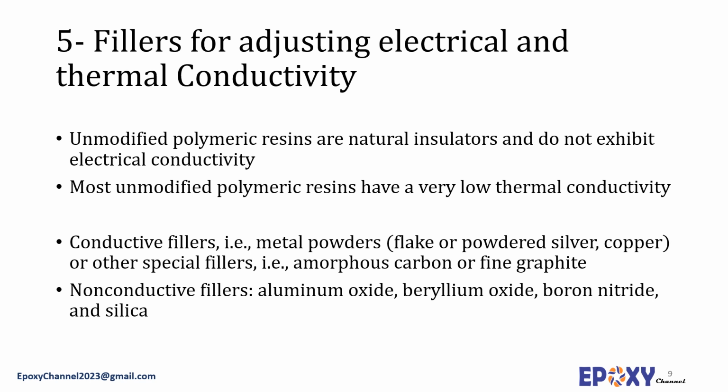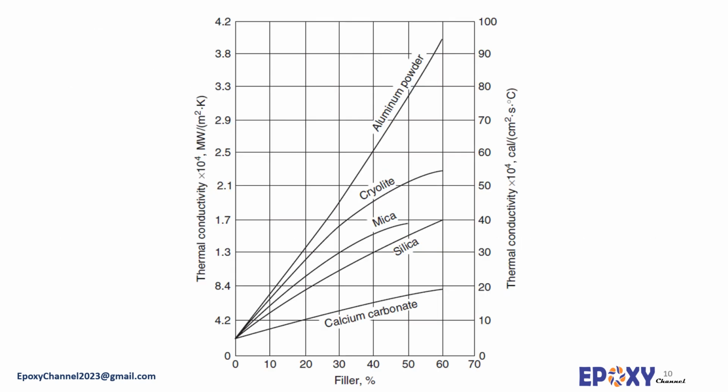Thermal conductivity also helps to improve heat transfer during cure. This reduces exothermic temperatures and expands the pot life, particularly at high filler loadings. In this figure, the effect of various fillers on the thermal conductivity of epoxy systems can be seen.